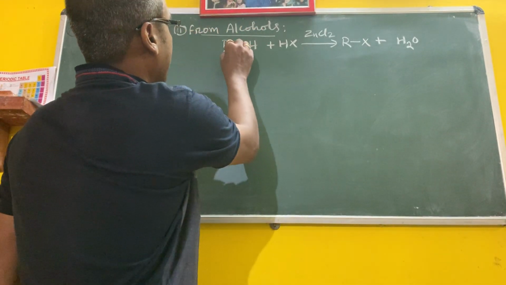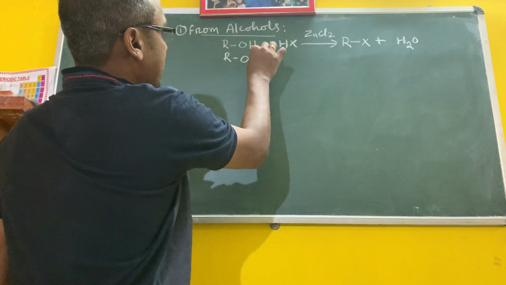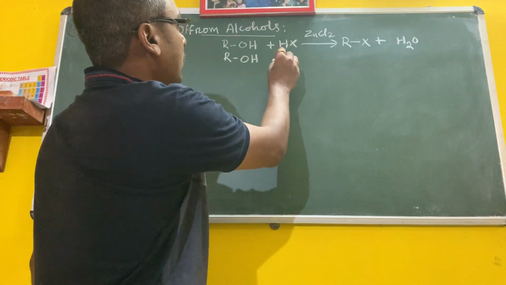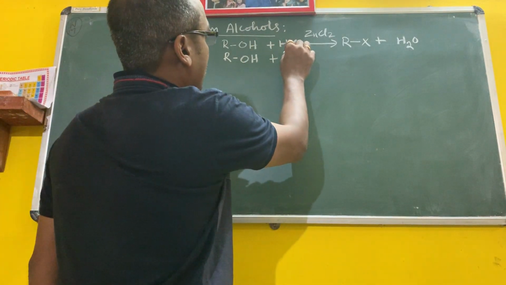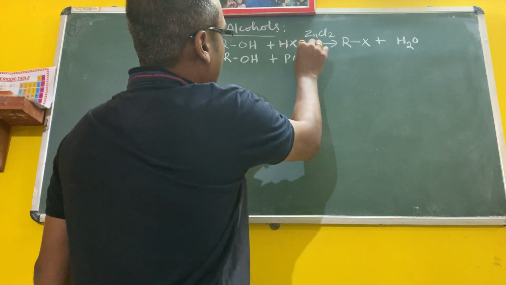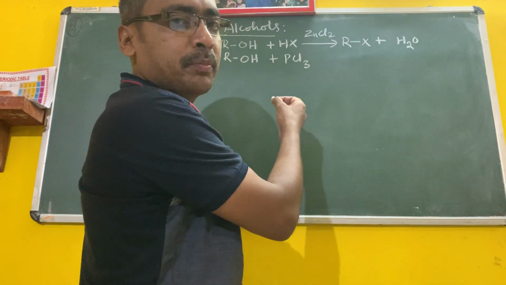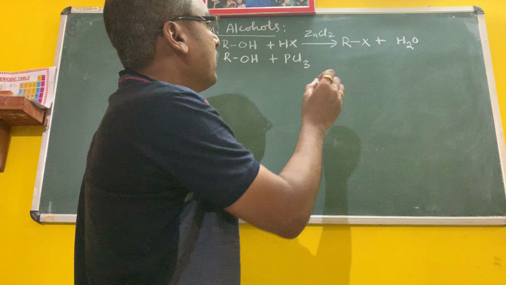Then the second type, again ROH, the general formula of alcohol, plus PCl3, or you can write PX3. X is chlorine or bromine.